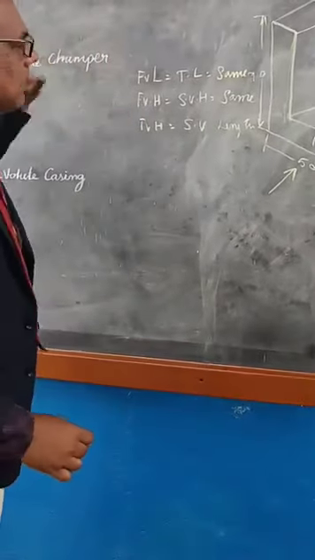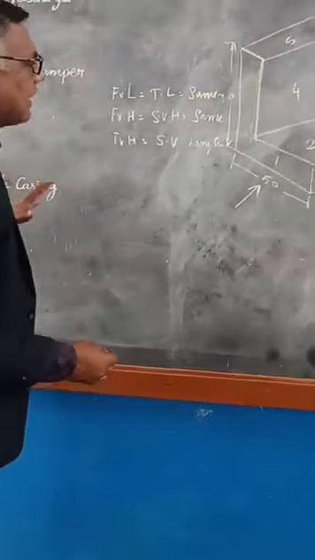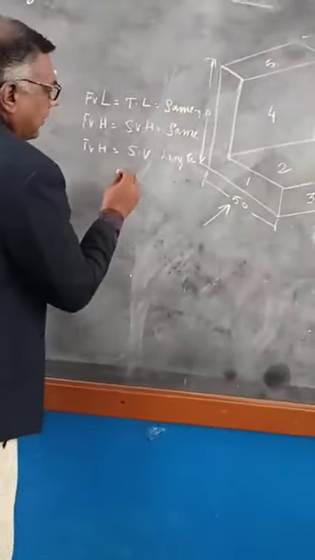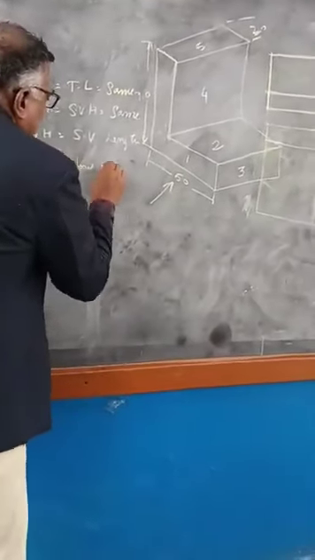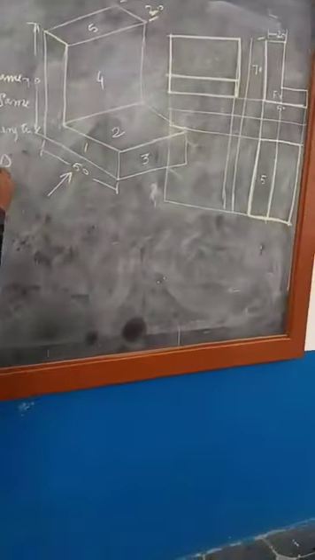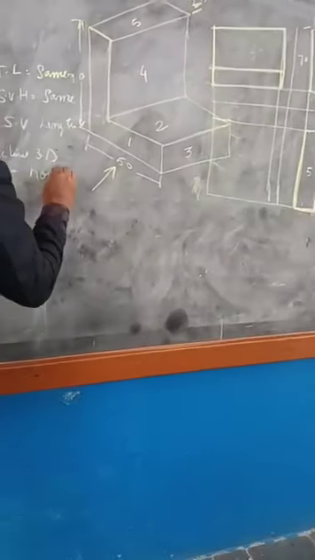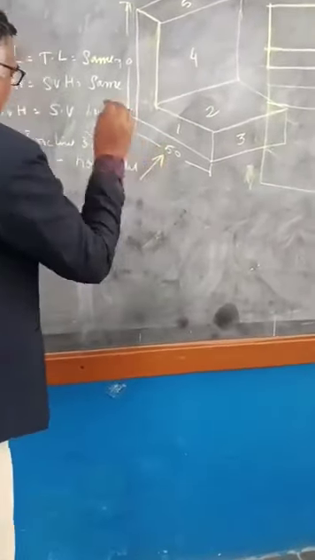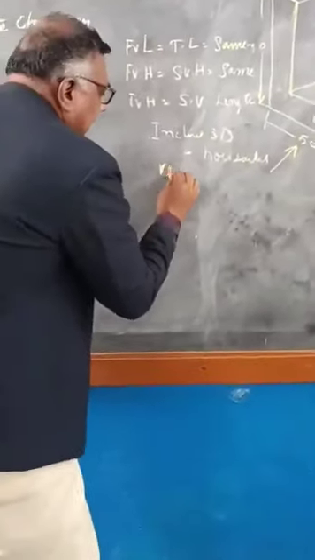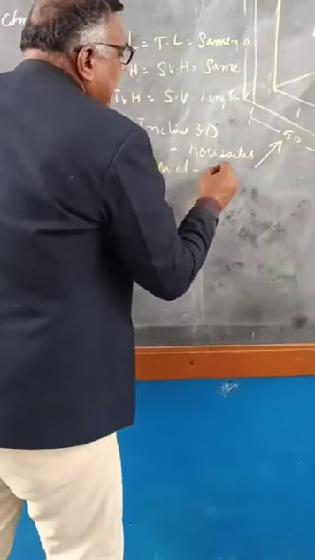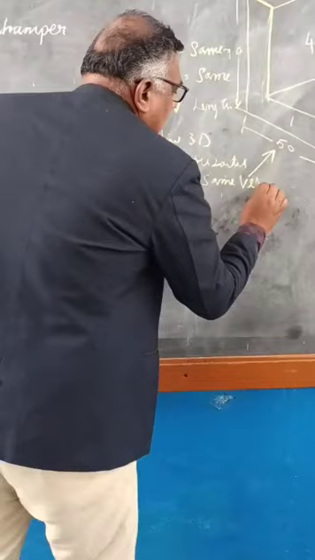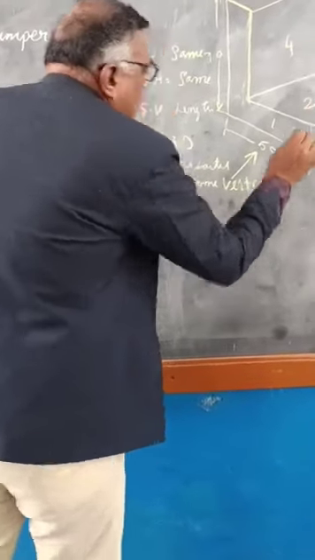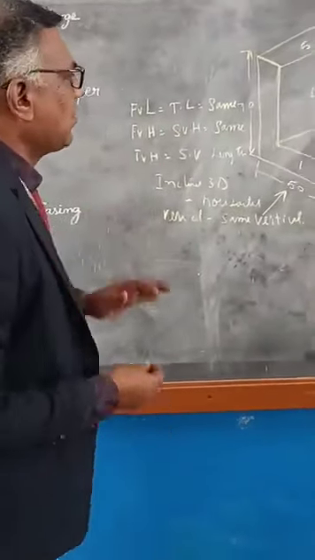So this will be the main thing. After that, for any diagram, if it is an inclined line in the 3D view, it should be a horizontal line. If it is a vertical line, the same vertical line is transferred to the two-dimensional view also. So this is the one.